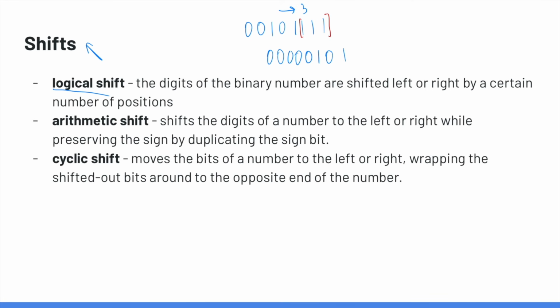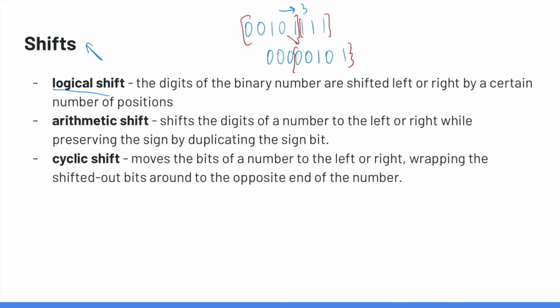So 0, 0, 0, and then this is going to be all that's left on the right side. So this basically ended up right here. So we moved all the binary digits over by 3. And as a result, we ended up losing the last 3, and we added 3 zeros to the left of the binary number. And that's just an example of a logical shift.